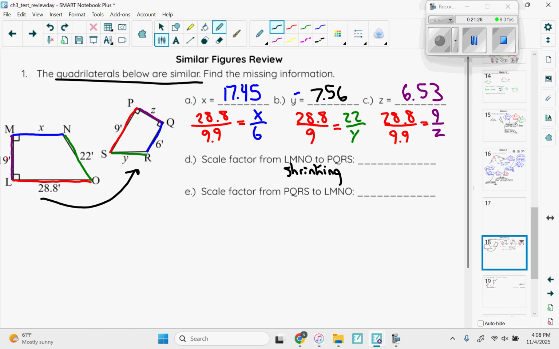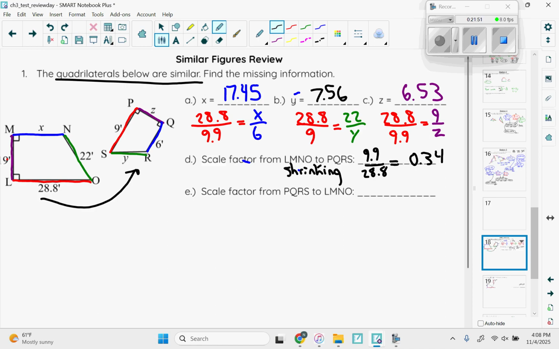To do that, we're going to use our ratio that was given, 28.8 over 9.9. But I'm going to flip it this time, 9.9 over 28.8. Now I did little over big, because when I divide it, I'm going to get a scale factor less than 1, and that is 0.34.